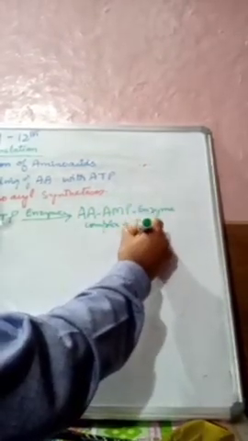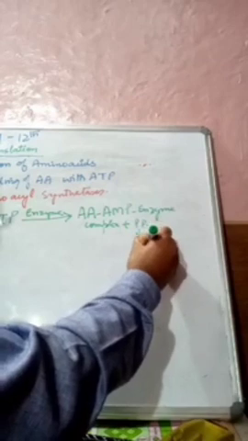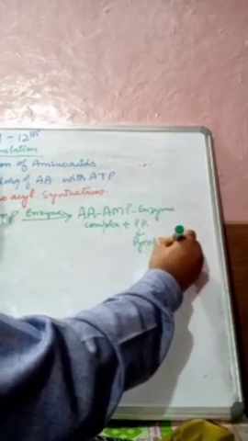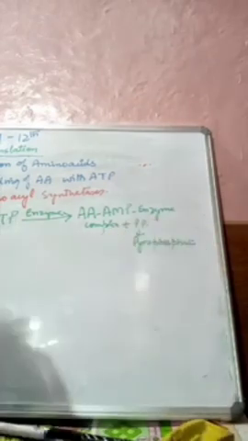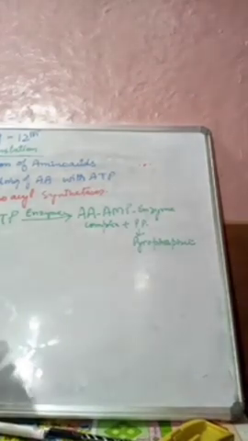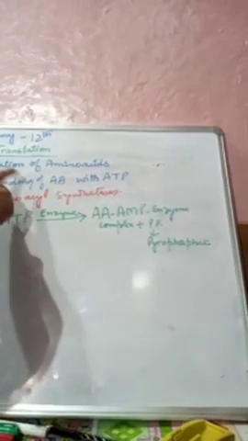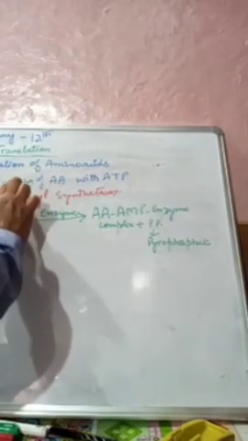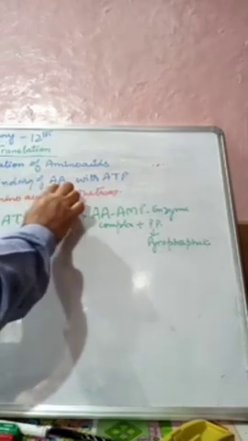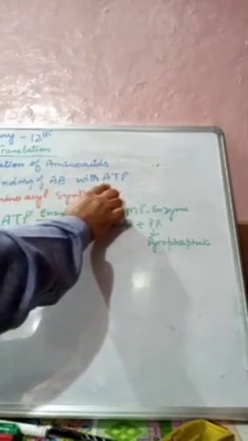This PP is pyrophosphate. So what we have discussed in this activation of the amino acids, this whole reaction, is brought about by binding of amino acids with ATP.